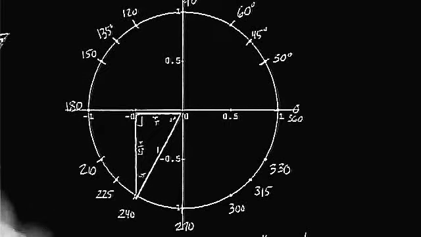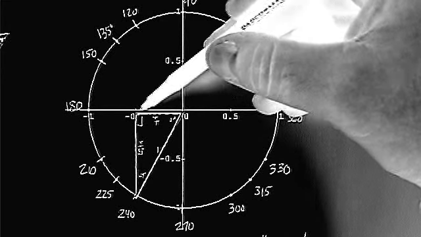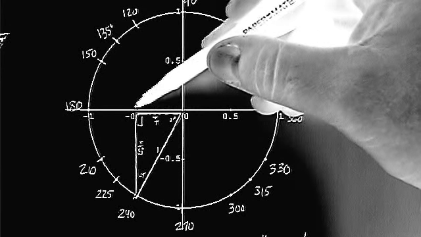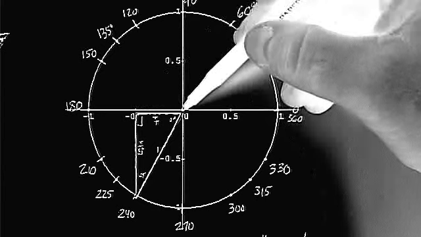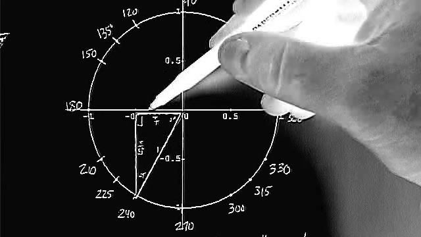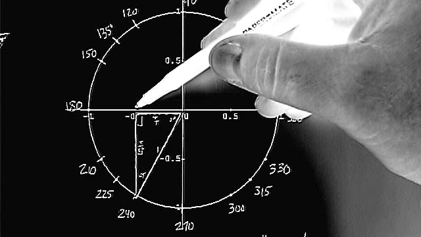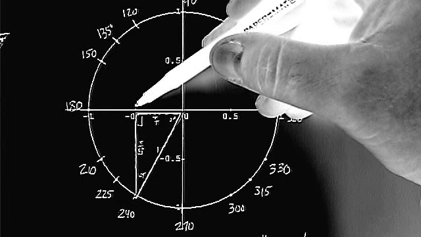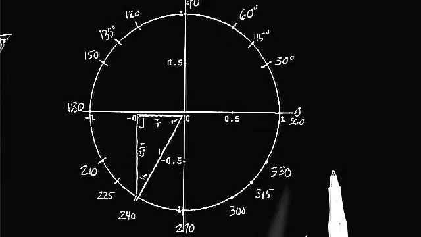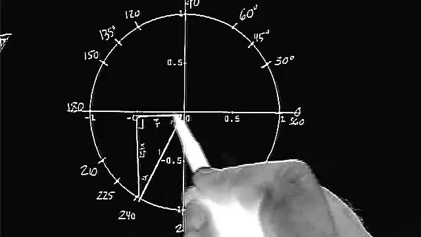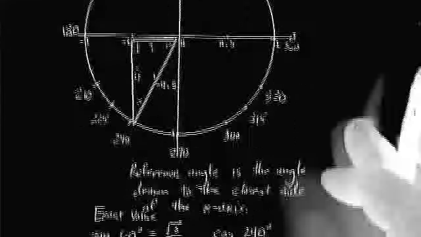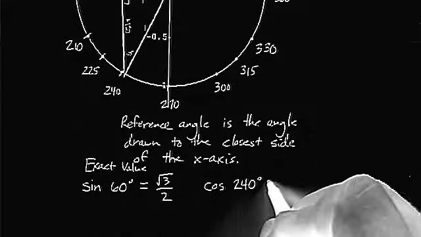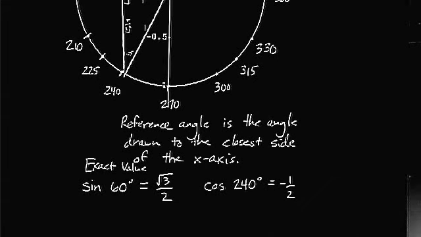Well, there it is, 30, 60, 90. Now, cosine is the x value. I see that the side length here is 1/2 in the x direction. But I also notice that we're moving to the left of the x-axis. That must mean that the x value is negative. So, negative 1/2 is the x value. So when they ask me for the cosine, negative 1/2.